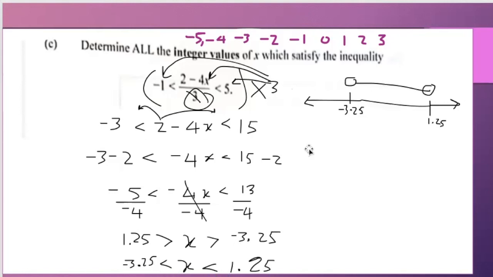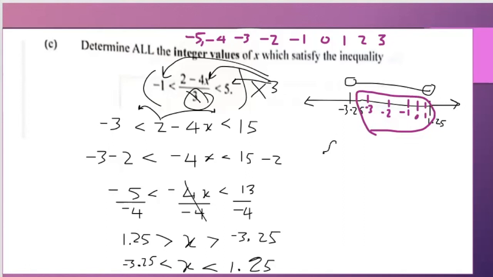We're not using them, so we have an unshaded circle. The reason for showing this is that I need to fill in the missing information. I know negative 3 lies here, negative 2 lies here, negative 1, 0, and 1. All of these represent the integers between this range.